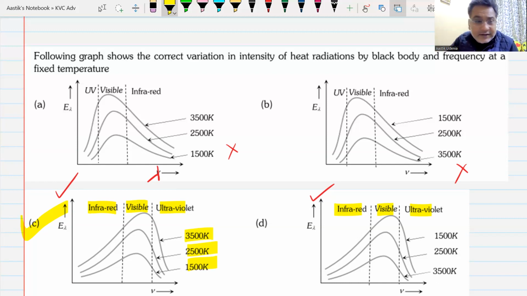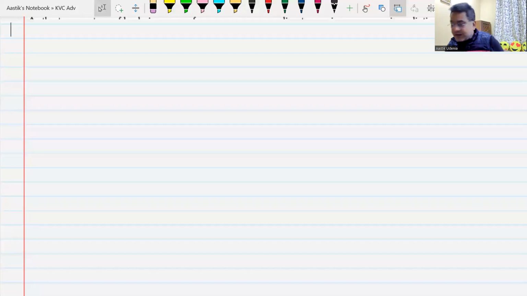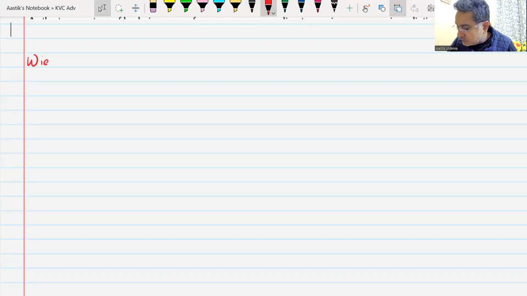We will move ahead and officially write Wien's displacement law.